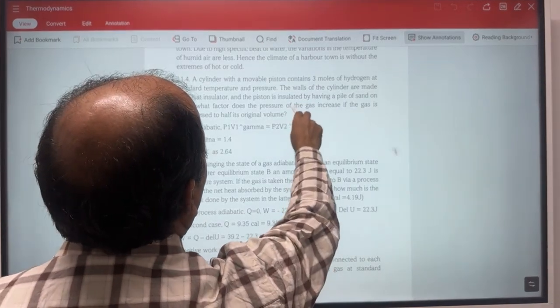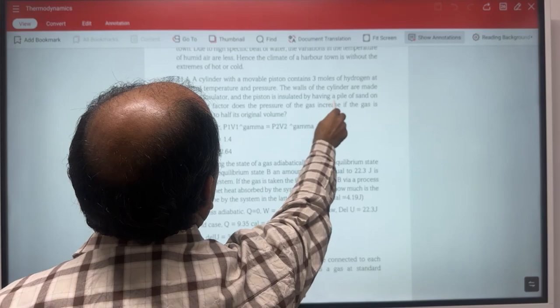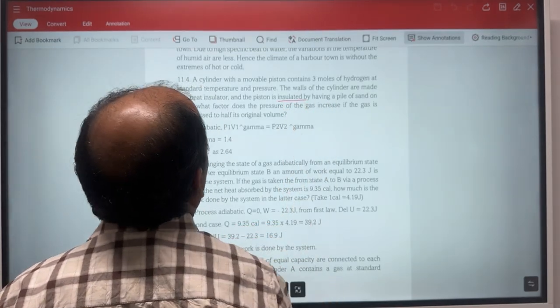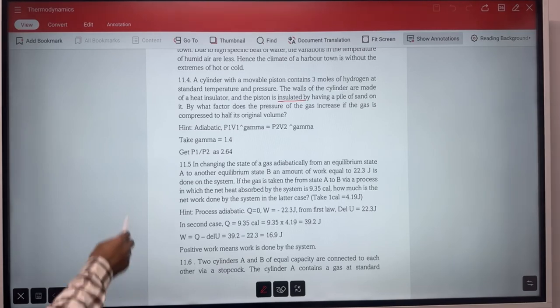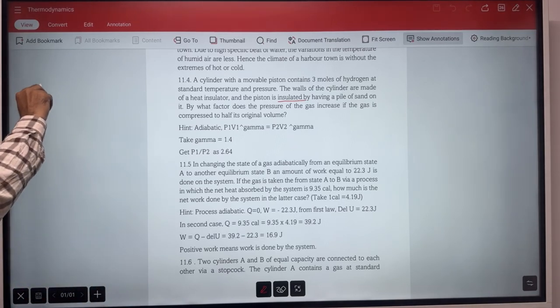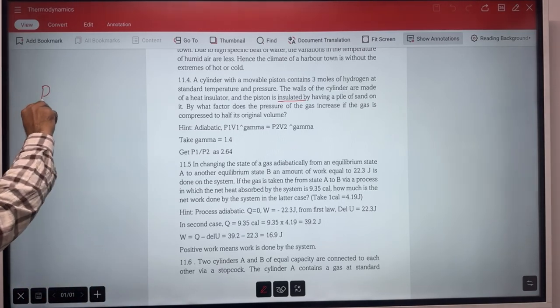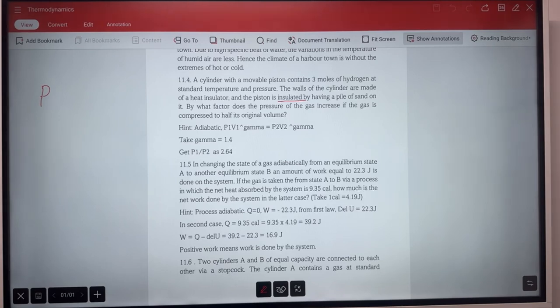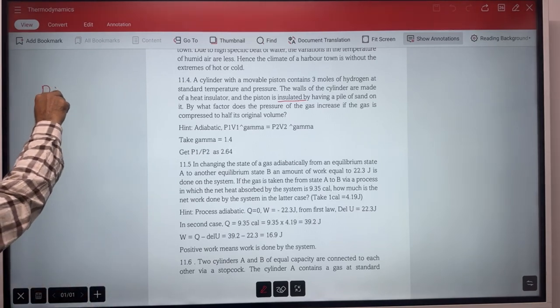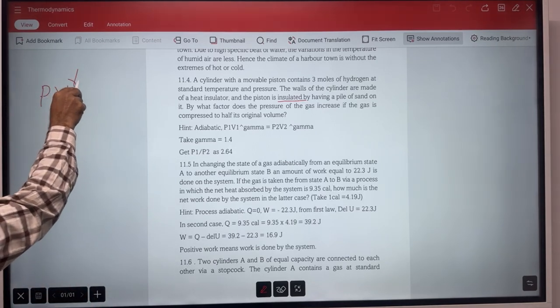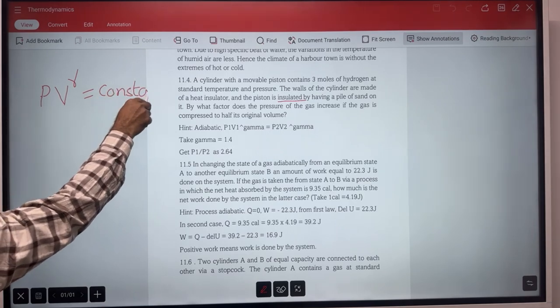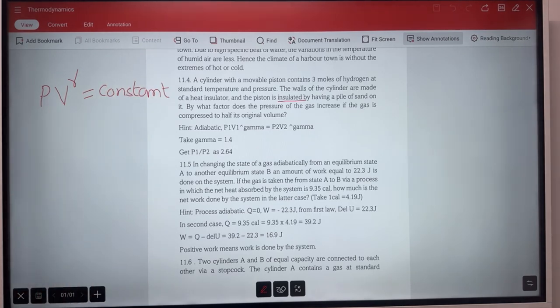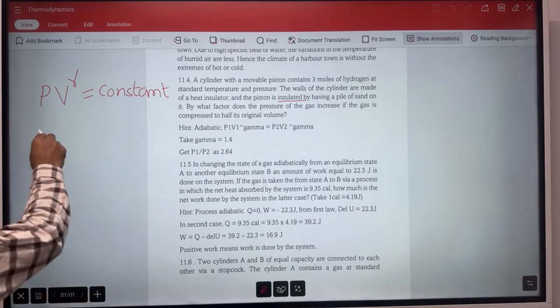Here the piston is insulated. It means we are talking about adiabatic process. So if adiabatic process is there, then its state equation is governed by the adiabatic equation, and that is given by PV power gamma equal to constant. Right. So we can generalize it.